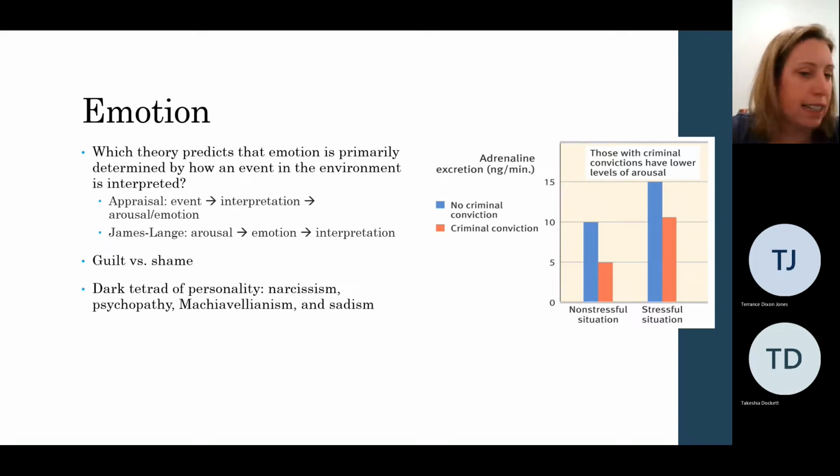Okay, somebody else asked about the dark tetrad, which is the personality traits of narcissism, psychopathy, Machiavellianism, and sadism. People with these personality traits are interesting because they generally are more inclined to hurt other people, but they actually are high on emotional intelligence. They use their emotional intelligence to hurt people.